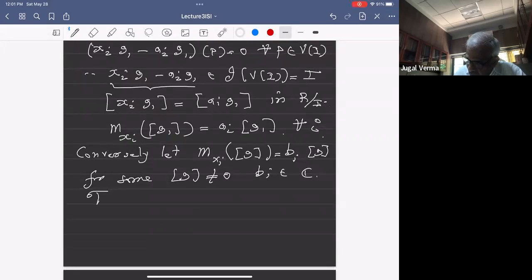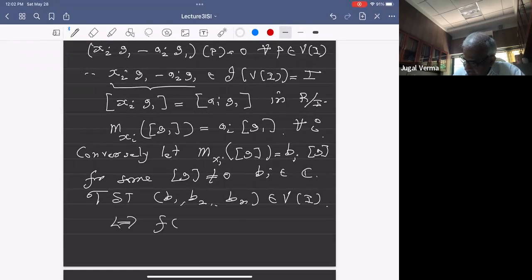Then we want to show that (b1, b2, ..., bn) is a common solution. This is the same as showing that f(b1, b2, ..., bn) is 0 for every f in this ideal. Every polynomial in this ideal vanishes at this point, to prove that it is in the variety of I.